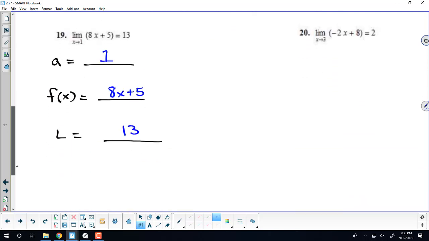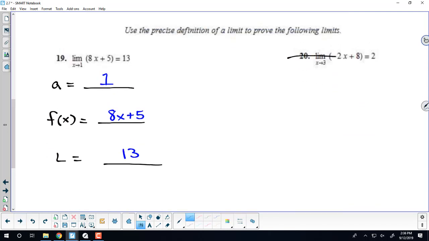Okay, so then I'll ignore this example, just so we have space to work this.